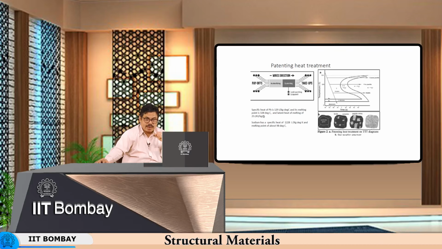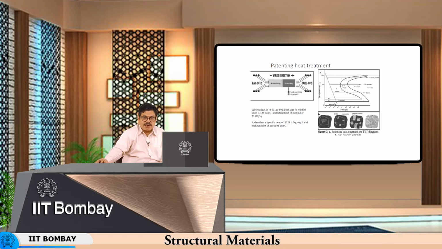In addition to the fact that 328 degrees centigrade is a sufficiently large temperature and 129 joules per kilogram degrees centigrade is a good amount of specific heat, the latent heat of melting is 23.2 kilojoules per kilogram. So it has a very high latent heat of melting.